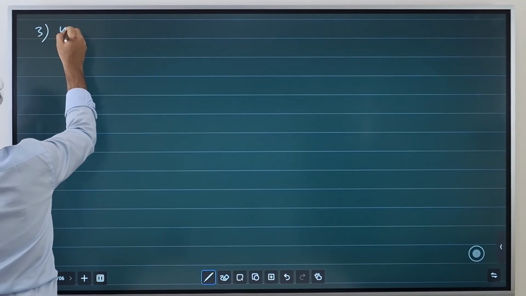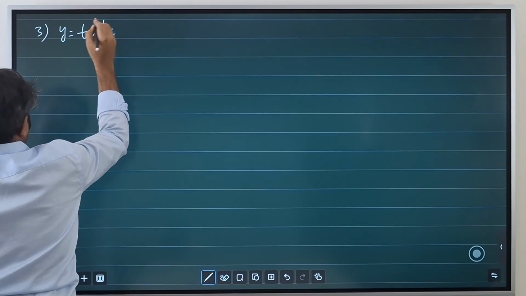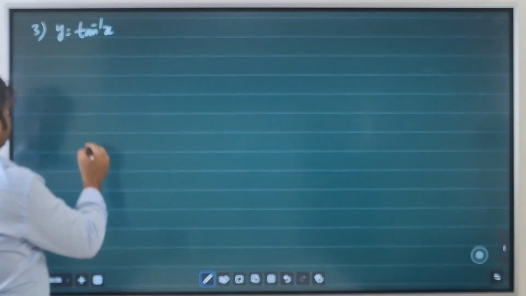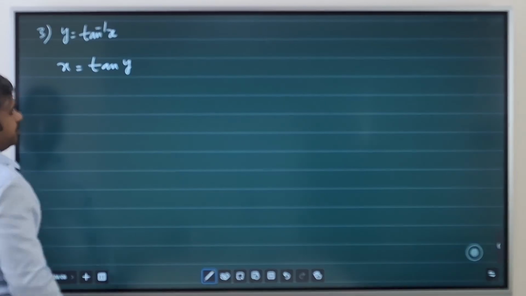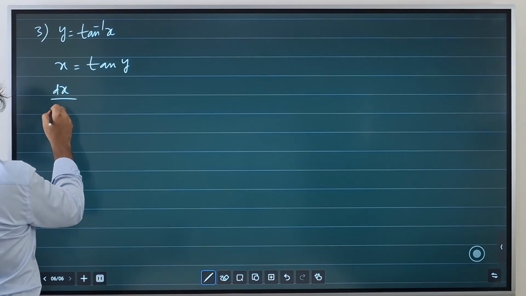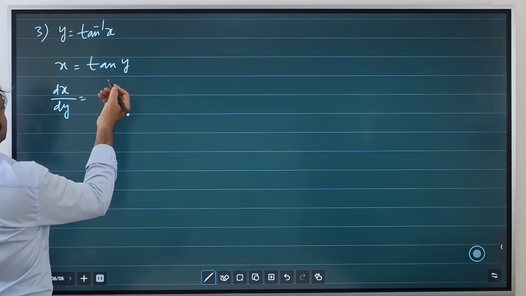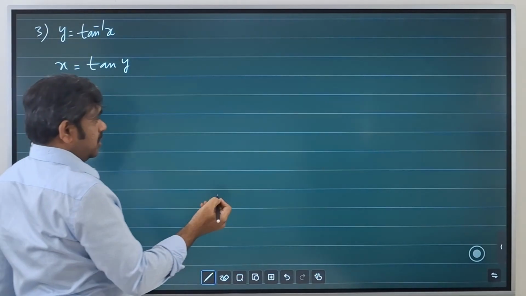The third one, y is equal to tan inverse of x. Again, we will do it in the same way. Y is equal to tan inverse of x means x is equal to tan y. If x is equal to tan y, dx by dy is equal to what? You know the formula, right?